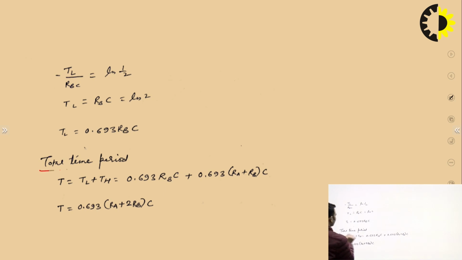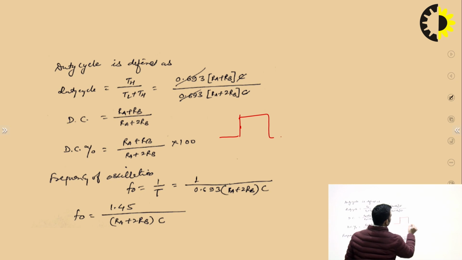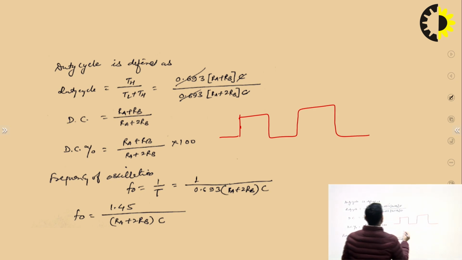So what will be the total time period? Total time period T will be equal to TL plus TH. So you can add TL and TH. So you will get 0.693 (RA plus 2 RB) into C. Now what is duty cycle? You know, duty cycle is T on upon T on plus T off.